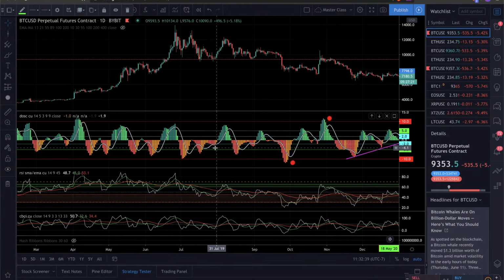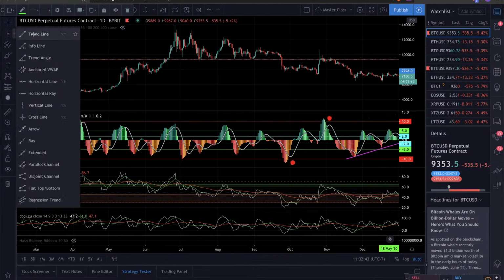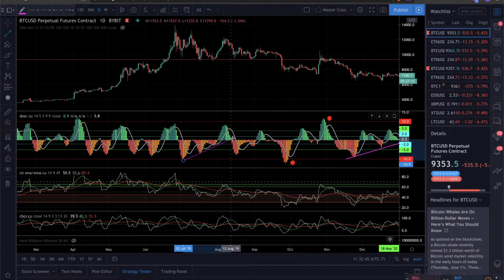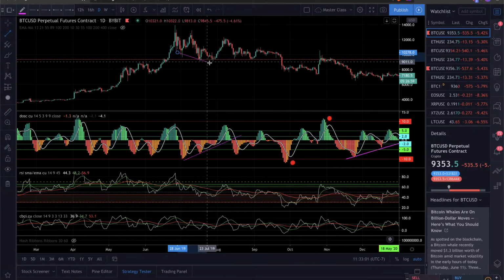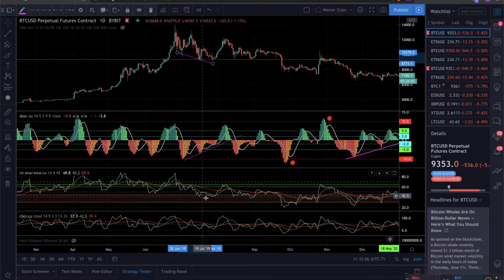Continued play. So we can see right here we had a pretty good trend line. We had divergence on this guy we can look at. Boom, boom. Where we actually had RSI still continuing in the same direction.